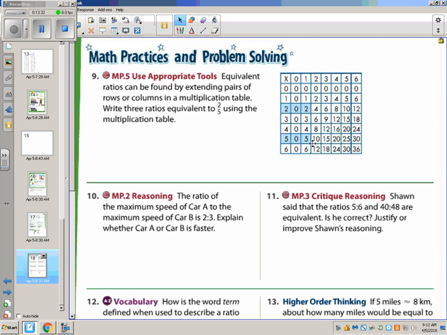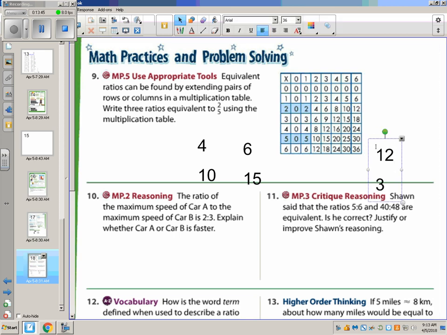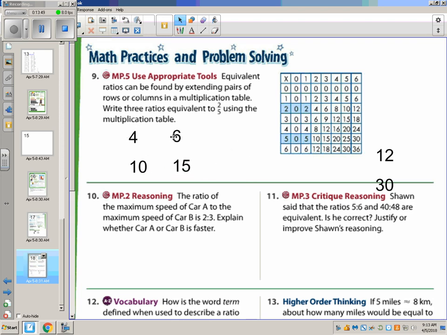So the next number would be 4 and 10. So I could have 4 over 10. I could have 6 over, what's the next one in this one? 15. Or I could skip to the end and say, okay, I've got 12 over 30. So those would be 3 equivalent ratios for that.